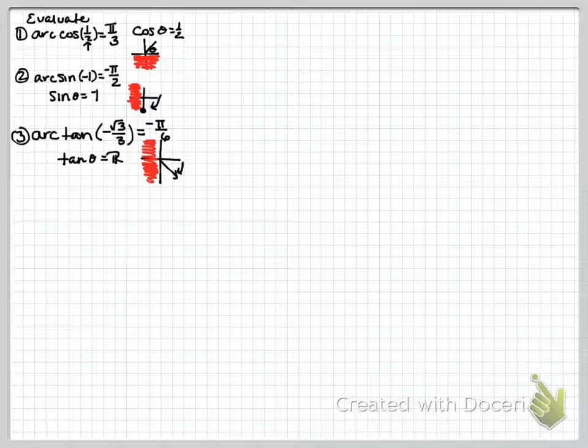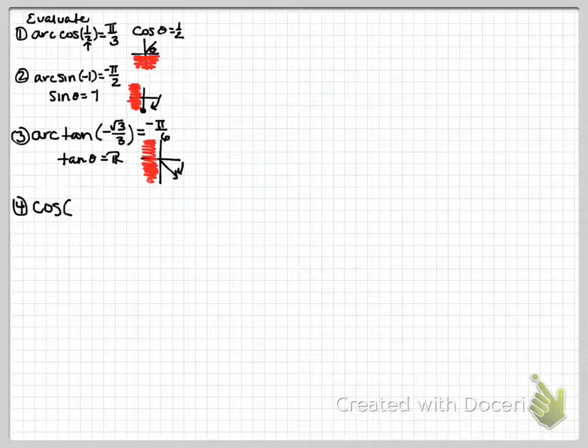Okay, so now let's look at compositions. Composition means we're just taking two functions, or a function and an inverse, and putting them together. A couple things to be aware of with our composition is we need to verify that we can have both that angle and that side measurement, or that value.